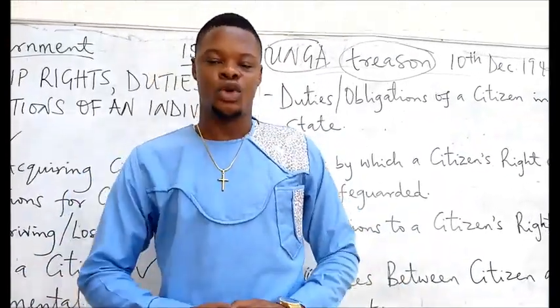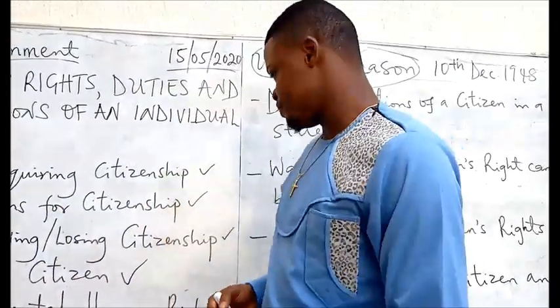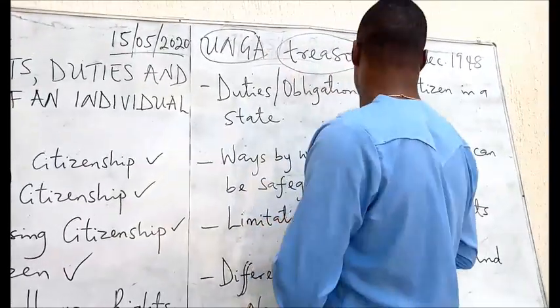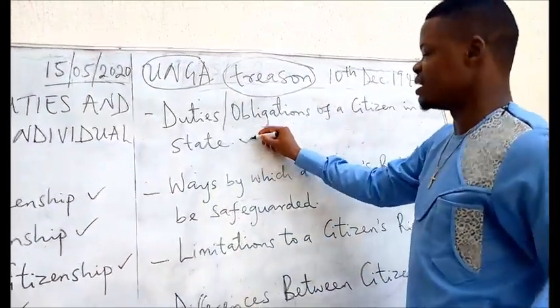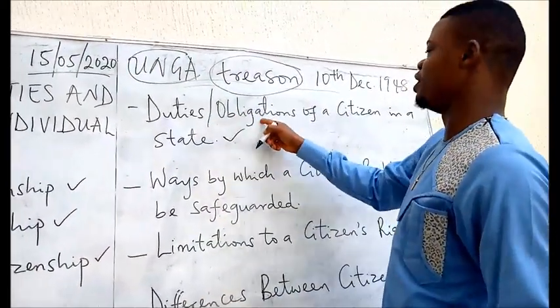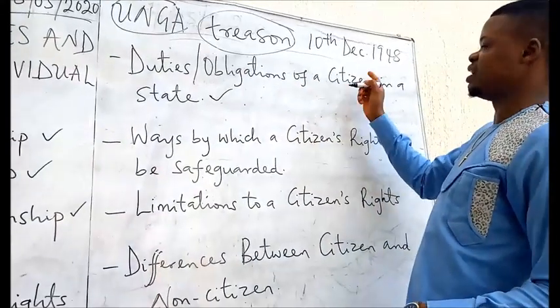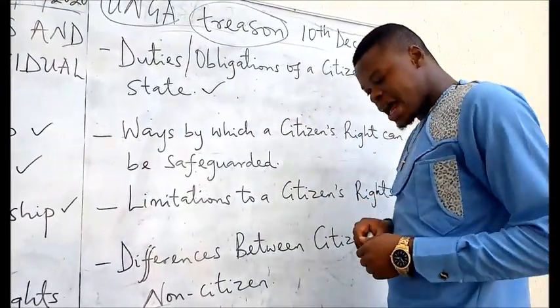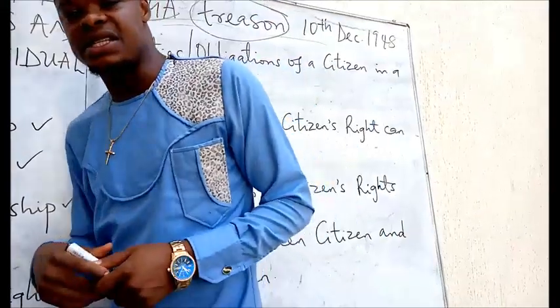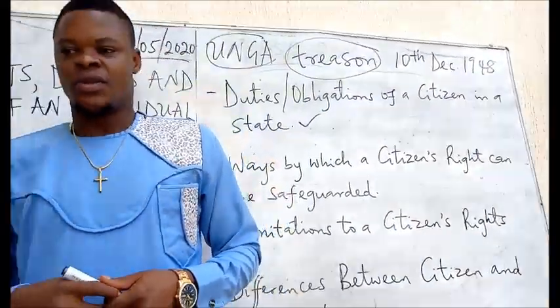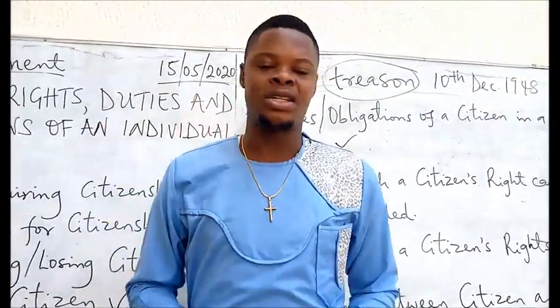Then we look at the duties and obligations of a citizen in a state. What are the things expected of a citizen in a state? Number one, payment of taxes.